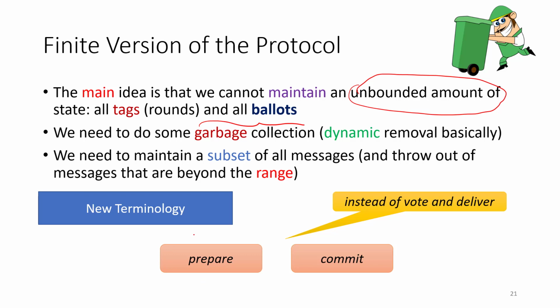As I said, terminology keeps changing, but thankfully it still remains a two-phase algorithm. Last time we had prepare and decide. In this case, we'll have prepare and commit. Same thing. We have used many terms: vote, deliver, and now it will be prepare, commit. But again, prepare and commit refer to the finite version of the algorithm. Same concept.